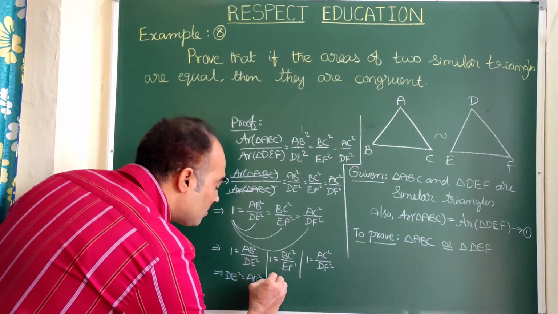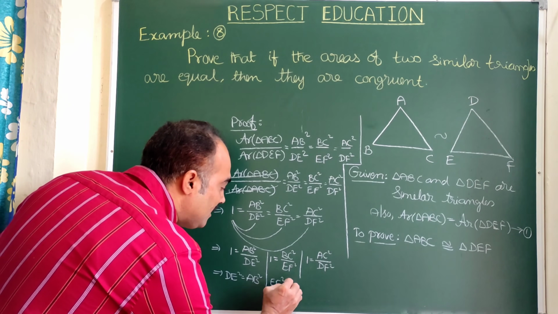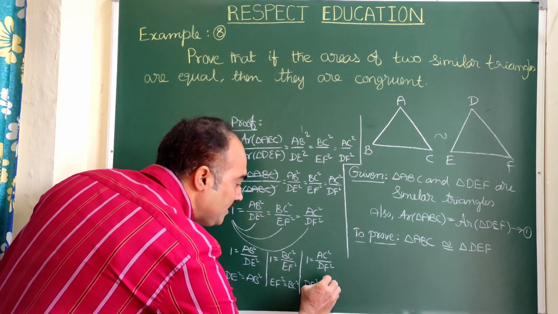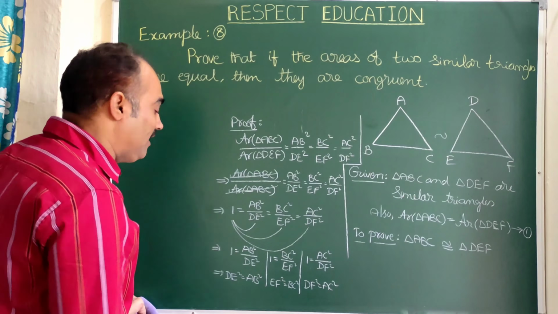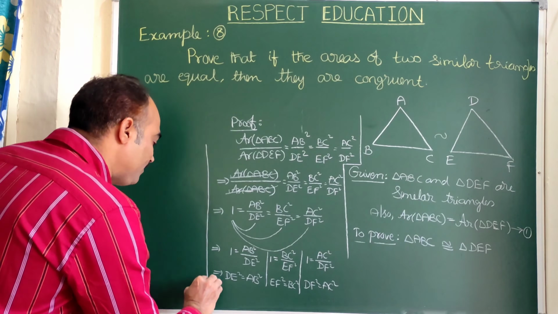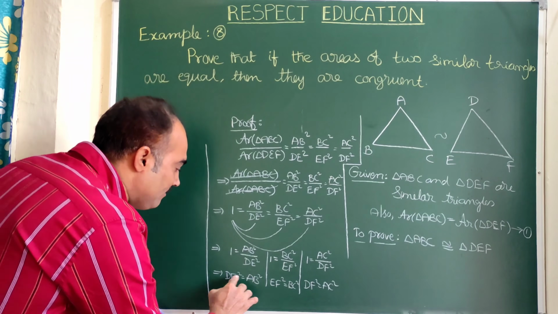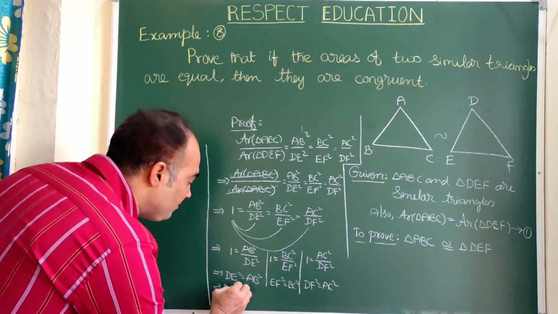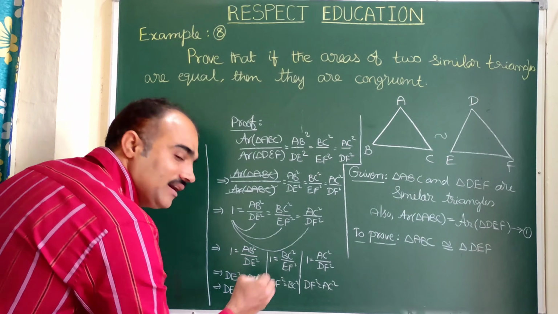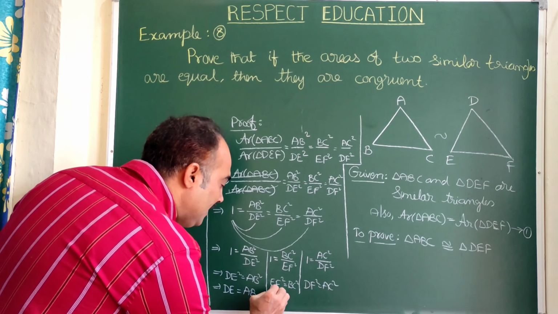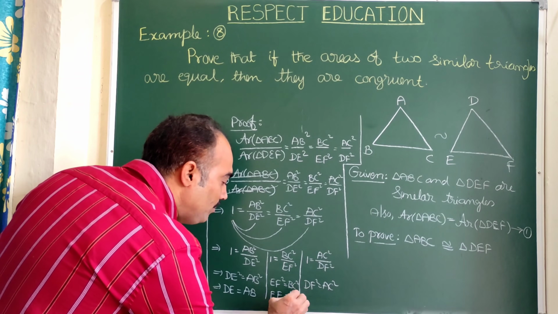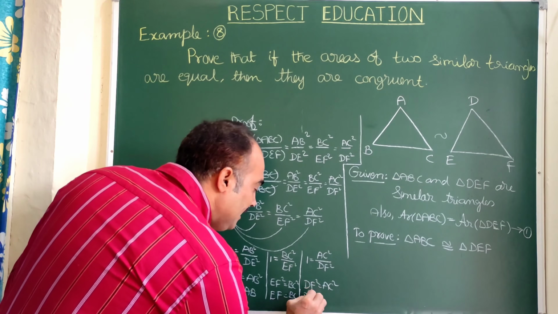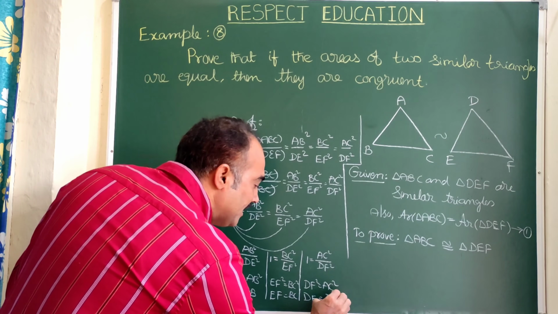Same way on cross multiplication, EF square equal to BC square. Same way DF square equal to AC square. When we remove the squares, that is, take square roots on both the sides, DE is equal to AB. Same way EF is equal to BC. DF is equal to AC.